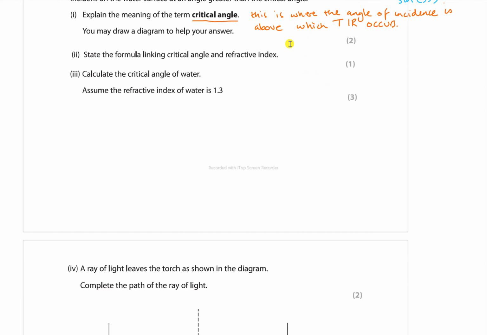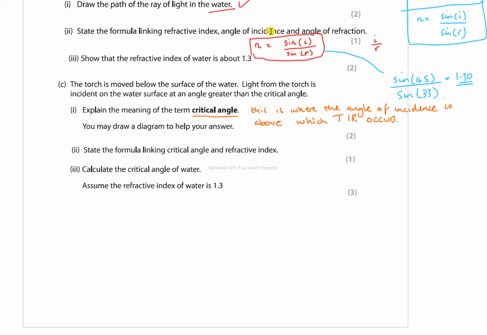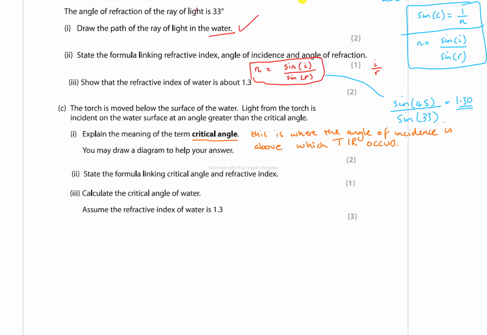Now the formula linking critical angle and refractive index. We've said that there. It's this one: sine C equals 1 over n. Calculate the critical angle of water. Assume that the refractive index is 1.3.